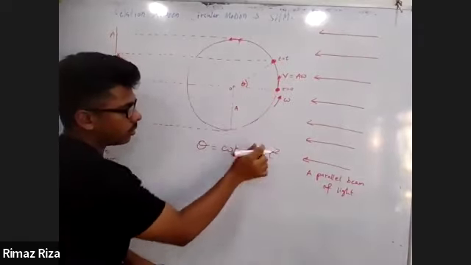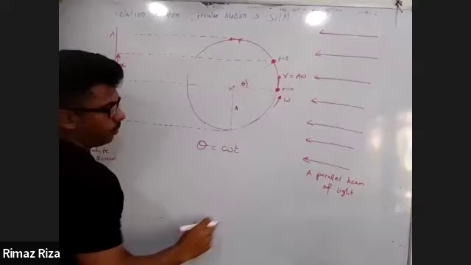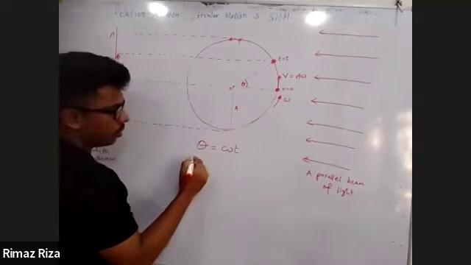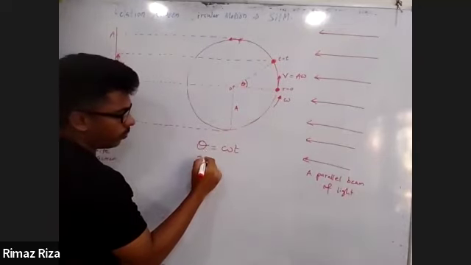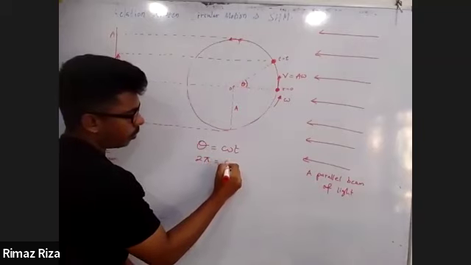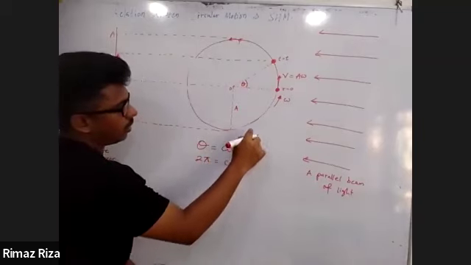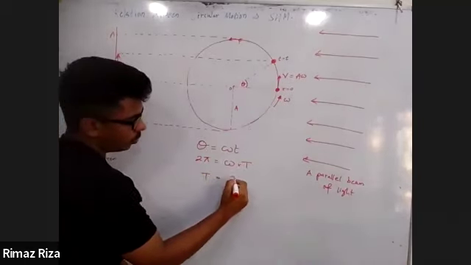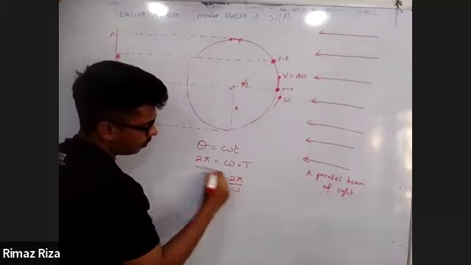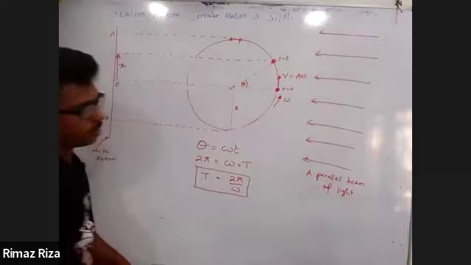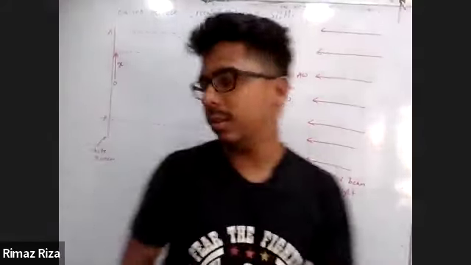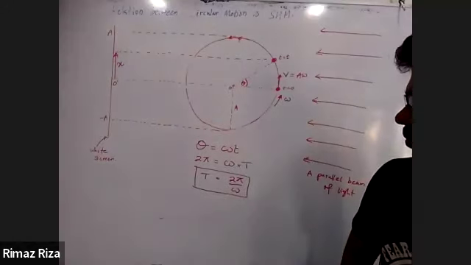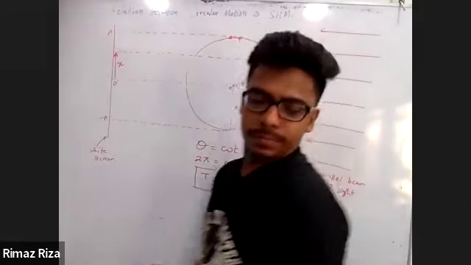Since it is moving at a constant velocity, theta equals omega t. So for one cycle, the angular displacement theta will be equal to 2 pi, and the period time we denote by T. Therefore, the period time is equal to 2 pi over omega.